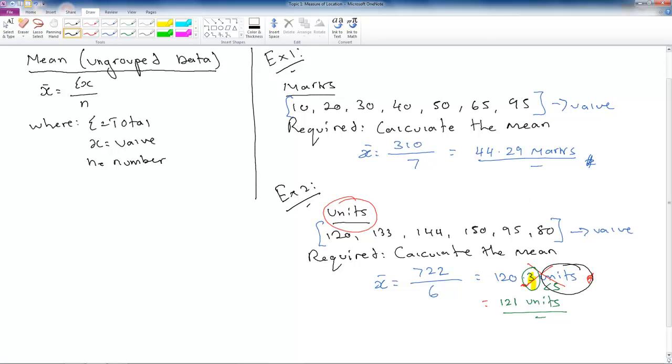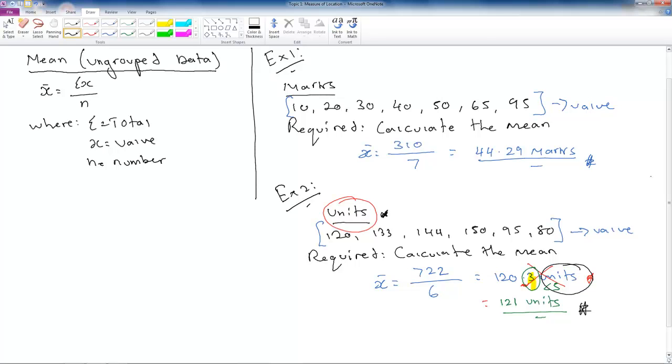Other than that, for all the rest of the calculations, if it is 5 or more, you round up. If not, you round down. Are we okay with that? It is only for units you must add on one more, even though it is 0.1 or 0.2 or 0.3 or 0.4, you must round it up to the next whole number. Are you okay with that? That's only for units.